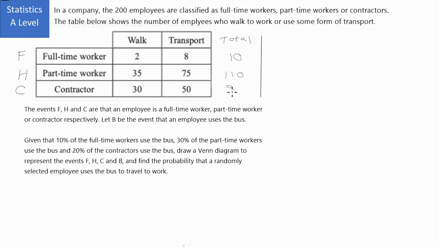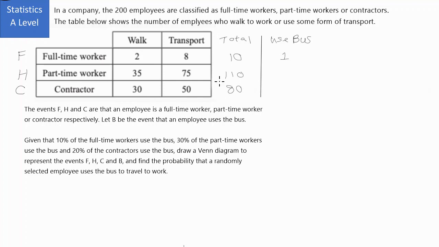Contractors, we've got 80 of those. Now we're told that, so let's write use bus. 10% of the full-time workers use the bus. So 10% of 10 is just 1. So there's only one person who's full-time that uses the bus.